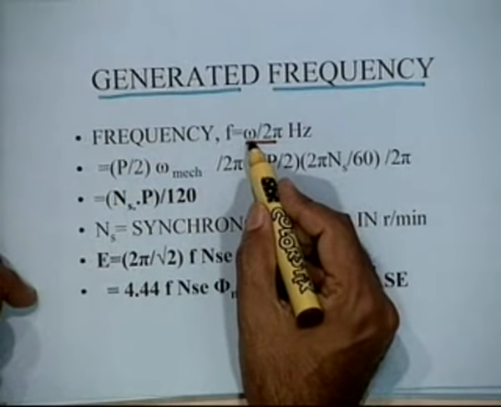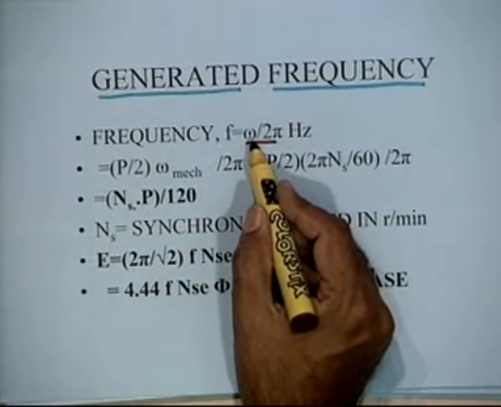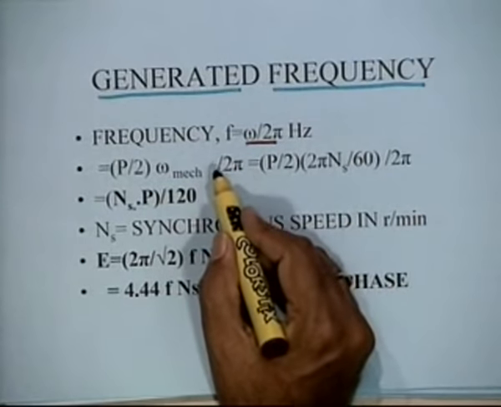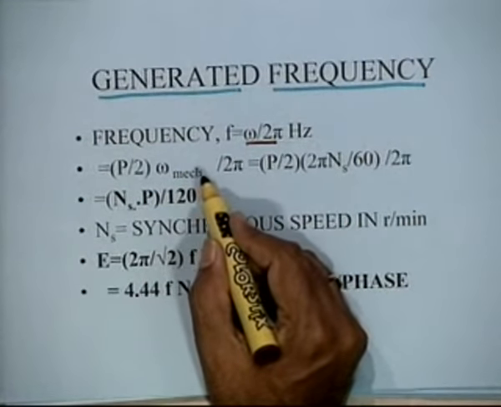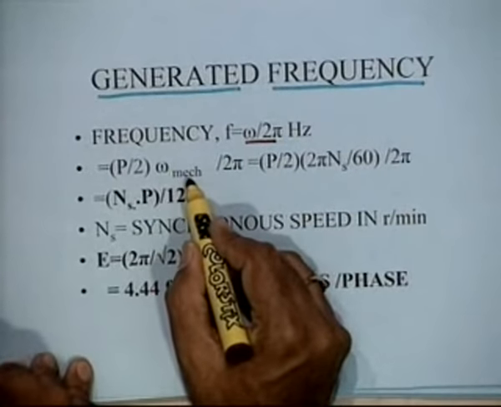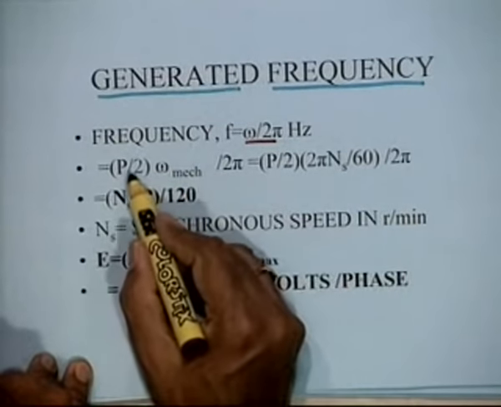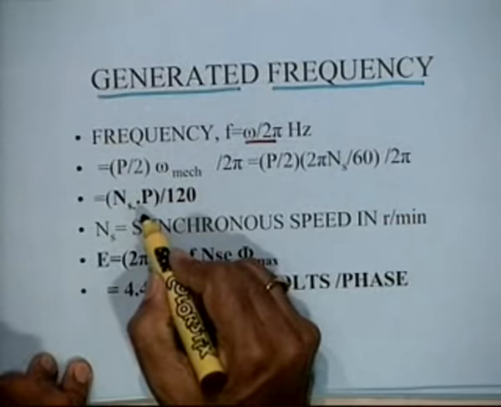This ω is electrical radians per second. Because what you measure externally is the mechanical speed, it is ω mechanical into p by 2 divided by 2π.